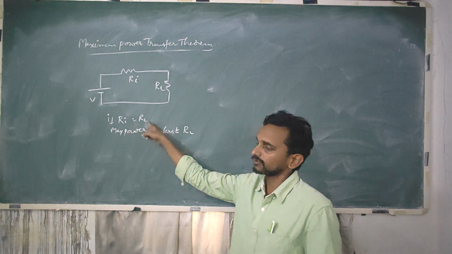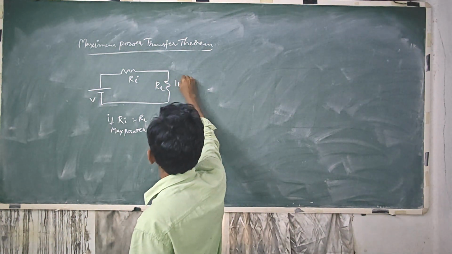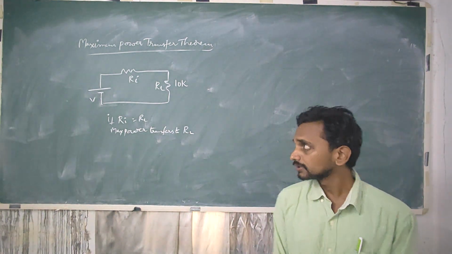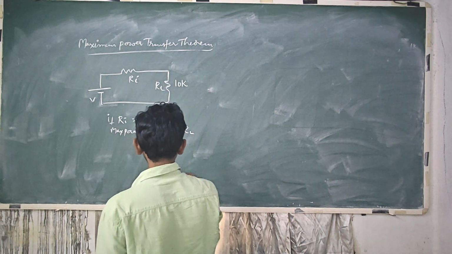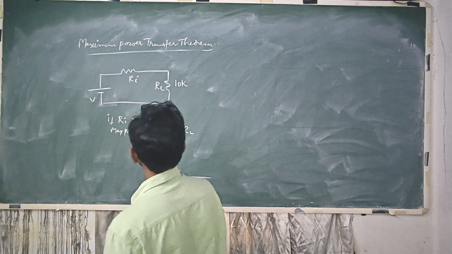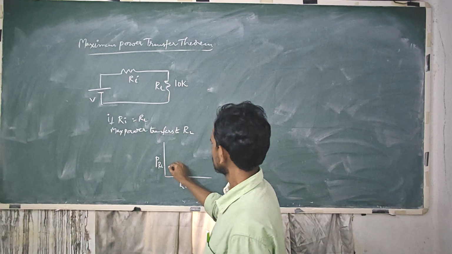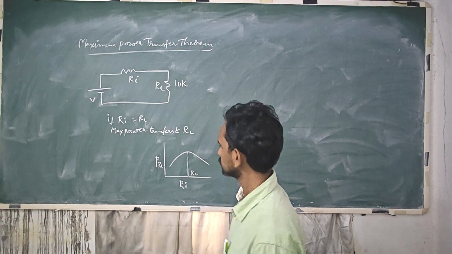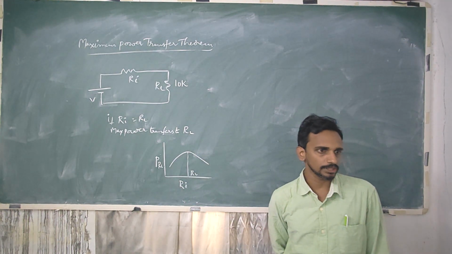If Ri is equal to RL, so that is why I am fixing the value of RL, let's say 10K, and I am starting with Ri, and power transferred to the resistor PRL. So when Ri is equal to RL, power will be maximum. So this is what we need to verify.